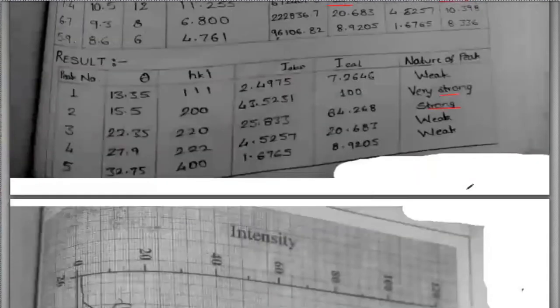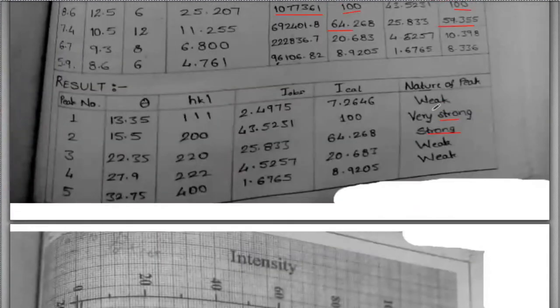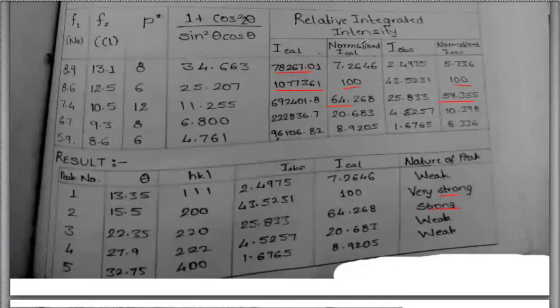Then the question may come that why certain peaks on calculation show very strong intensity, but when you observe, they are not showing similar intensities. Okay, so here from the calculation and the observation, we see both are 100%. This particular peak position is very strong. Okay, similarly in this case, this is the second highest peak, 59-64%.